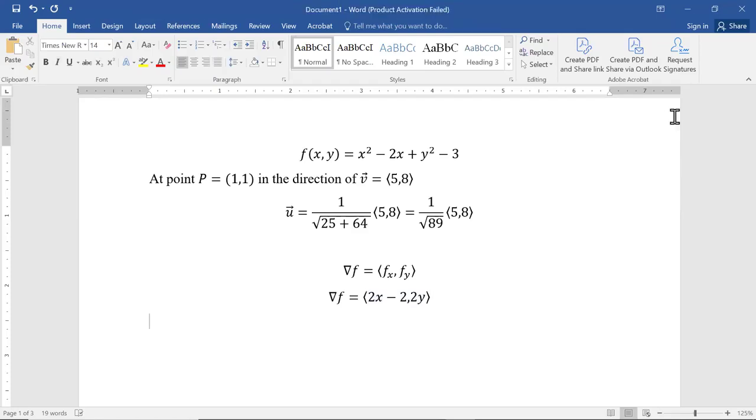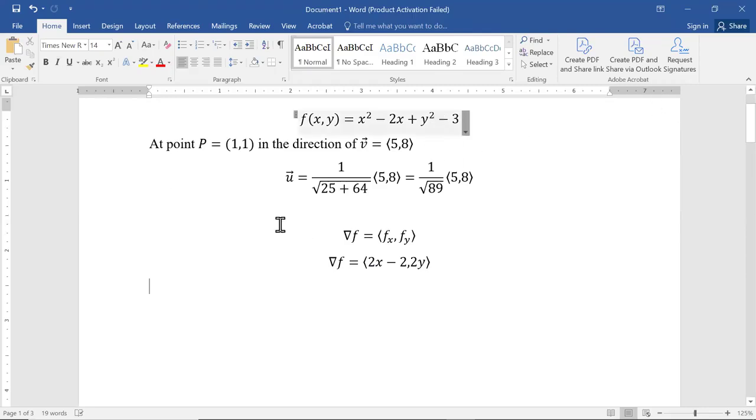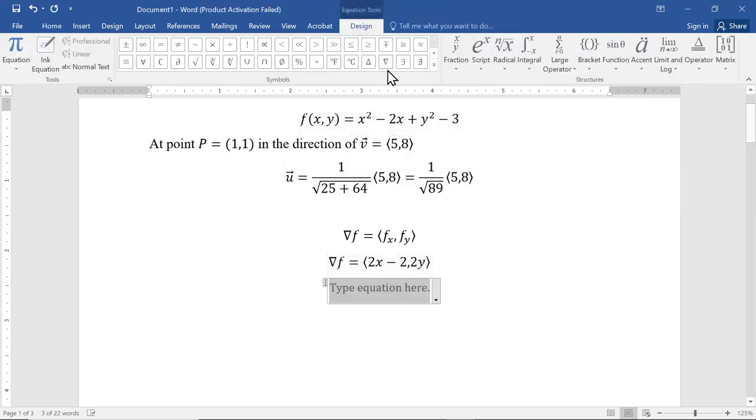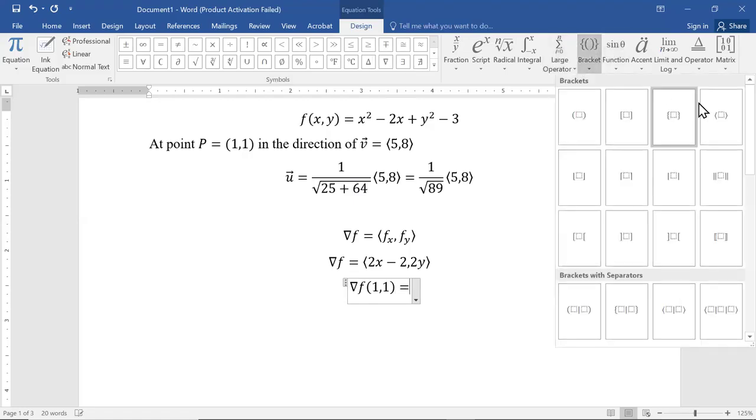Now the gradient at point 1, 1 is going to be a vector. So the gradient of f at point 1, 1 is going to be the vector.